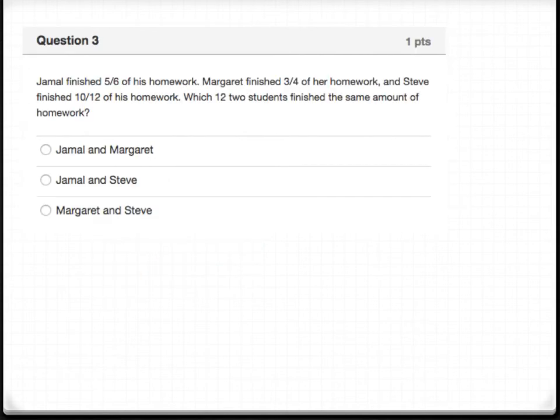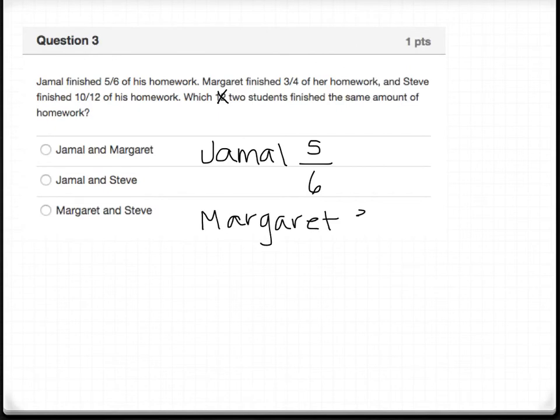Let's take a look at question 3. Jamal finished 5/6 of his homework. Margaret finished 3/4 of her homework, and Steve finished 10/12 of his homework. Which two students finished the same amount of homework? Sorry for the typo. So I have Jamal with 5/6, Margaret with 3/4, and Steve with 10/12.